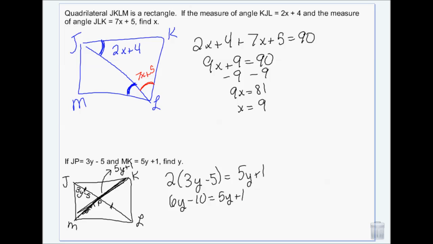So you're going to subtract the 5y from both sides. So y minus 10 equals 1. So add 10 to both sides, and you get y equals 11.